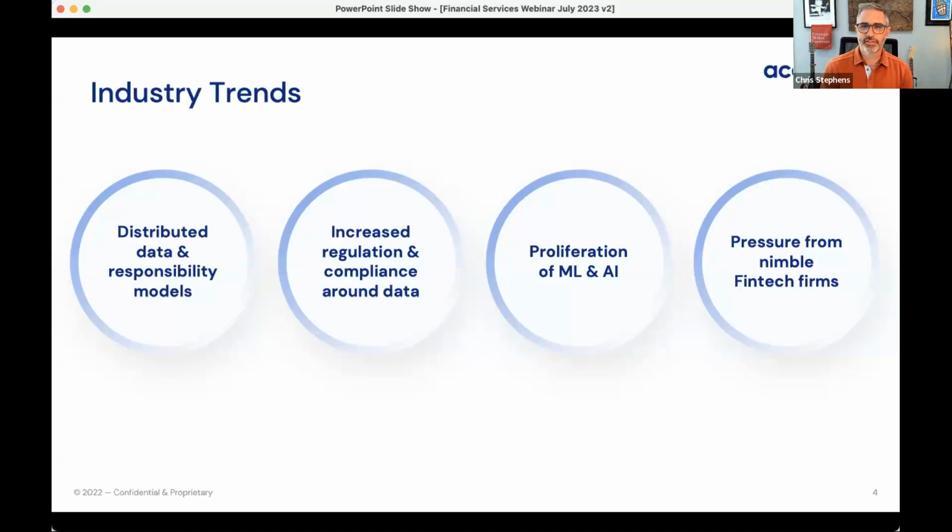You probably can't have a data conversation in 2023 if you don't start on the left hand of our slide here, thinking about distributed data and responsibility models. People are aspiring towards data meshes, either building and implementing some data meshes. There's a lot of really great work going on out there, and you can find some folks talking about successes they're having.